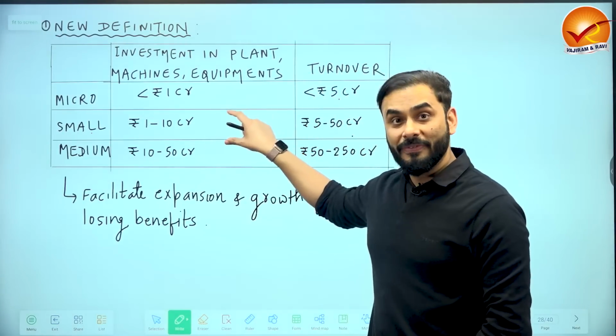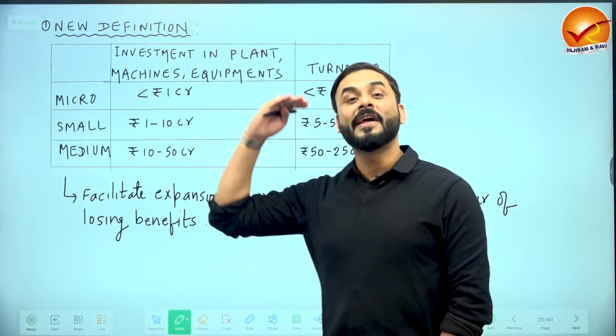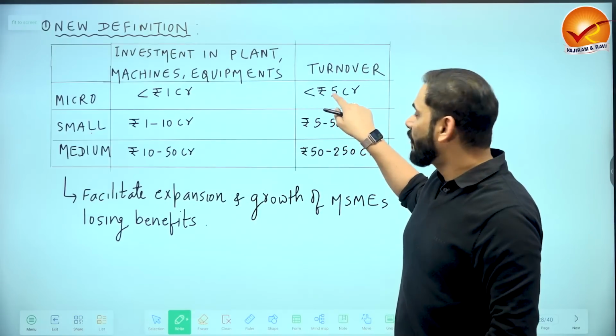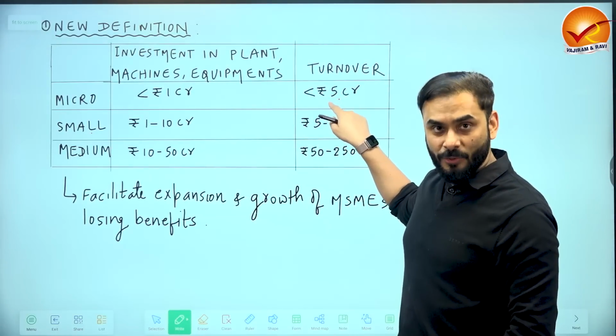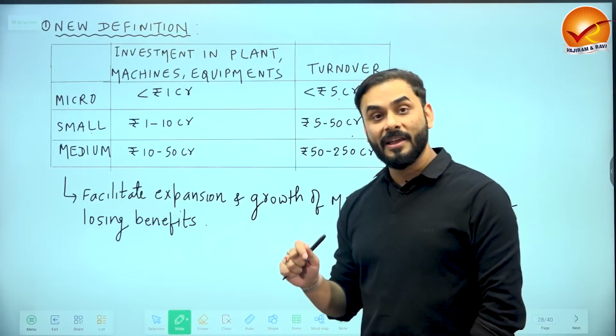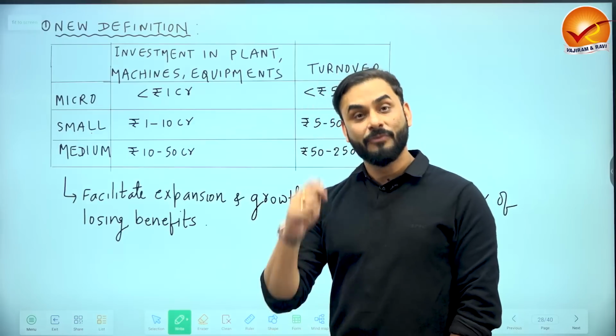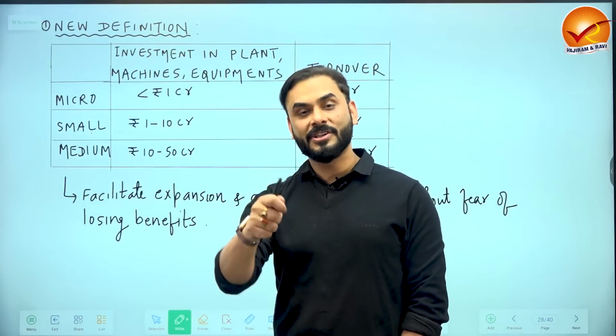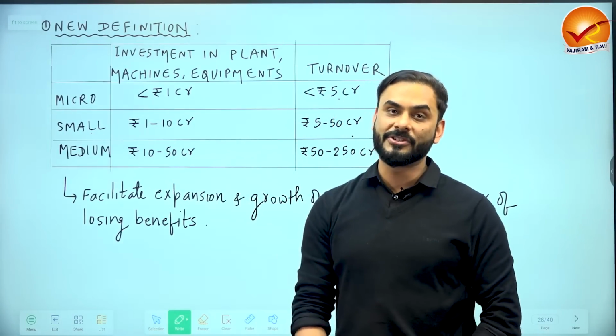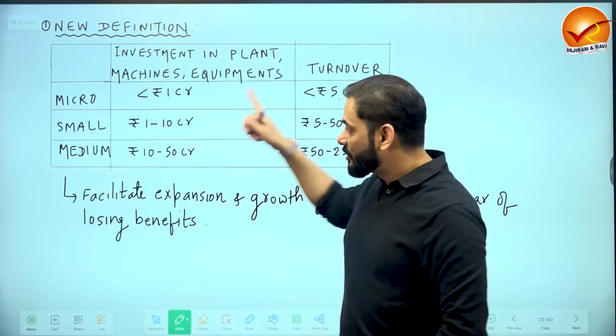So now the Government of India has increased the threshold so that even if your turnover is up to 5 crore, 4.9 crore, 4.99 crore, which means around 5 crore, even then you will be called micro industry, and whatever schemes are applicable for micro industries, you will get the benefits. So this definition has been revised.